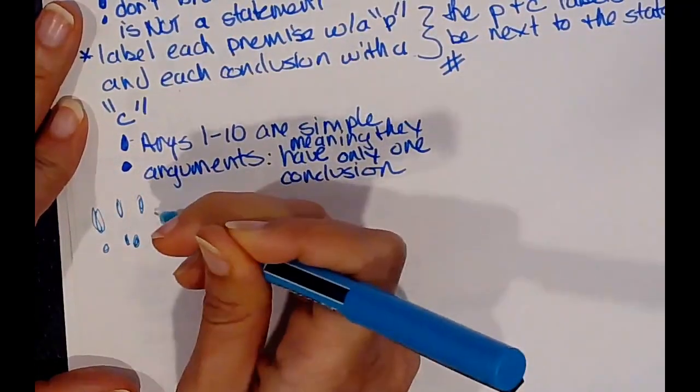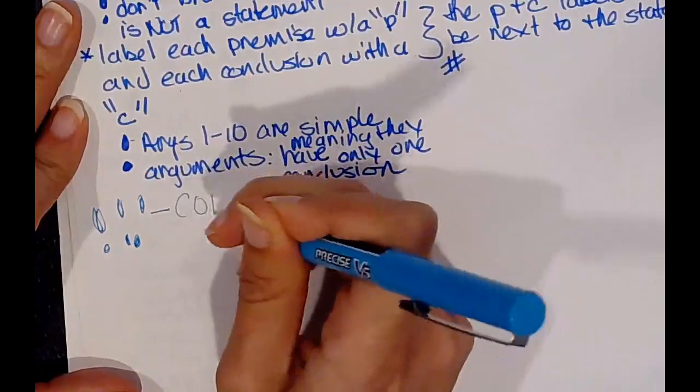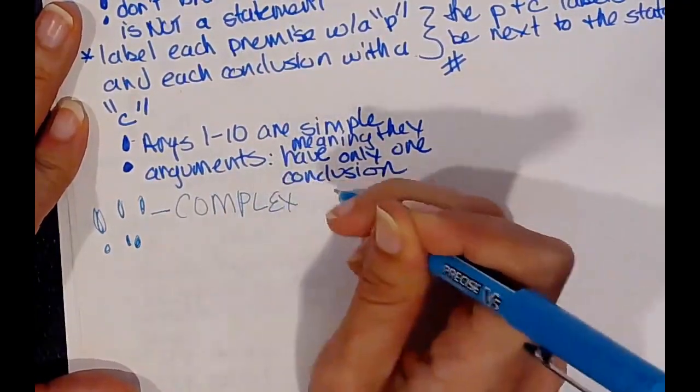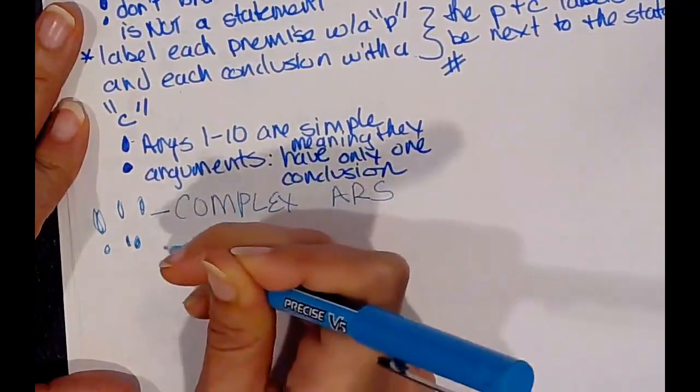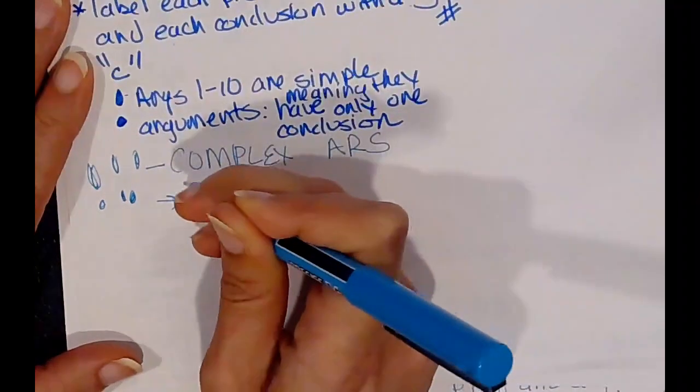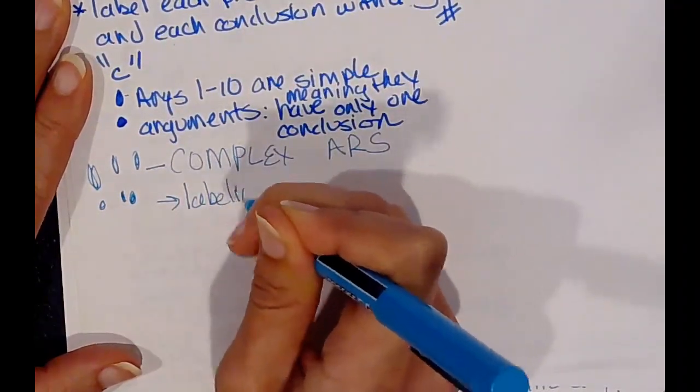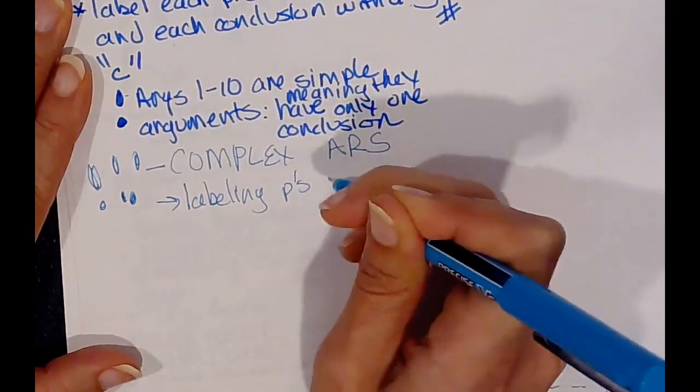So write complex arguments. Labeling premises is the same.